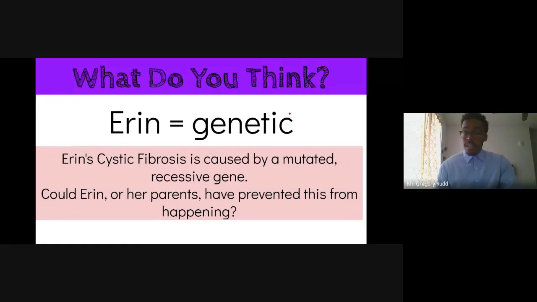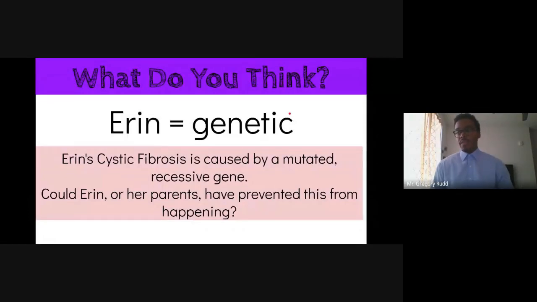Okay. Well, now we got to be careful because it's not a 100% chance that she would get it. Because although they do carry the trait for cystic fibrosis, they carry that one allele, they also have another allele that does not code for cystic fibrosis. So they could have just as easily given her that one. And it's actually more likely that she wouldn't have got it.